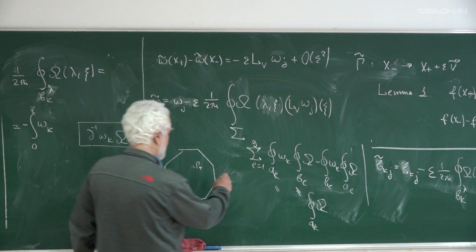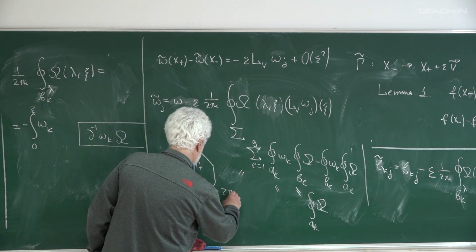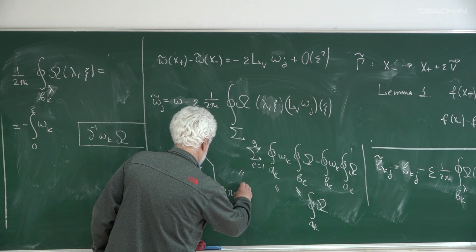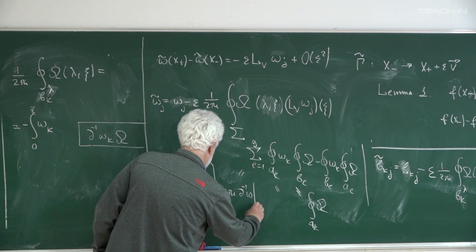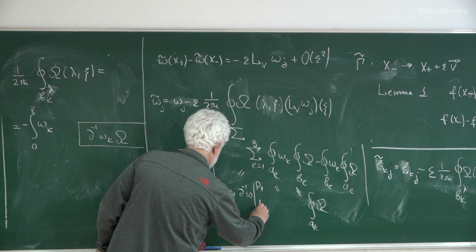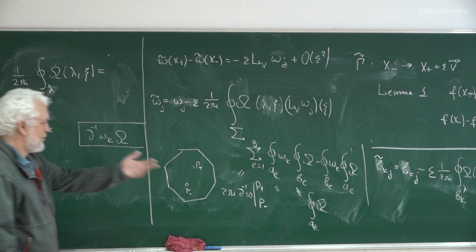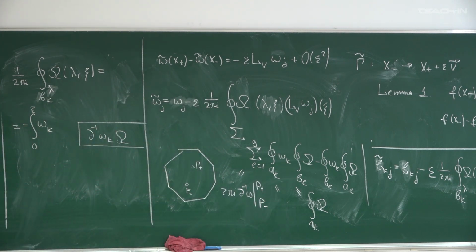So it will be 2 pi i, p minus. It's exactly this integral. Okay? Riemann bilinear relations. So we have this formula.